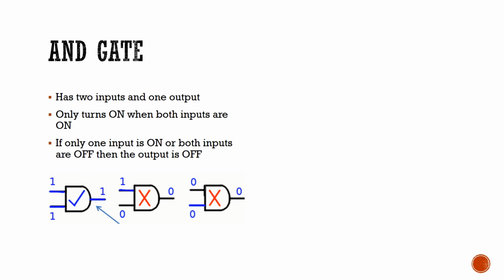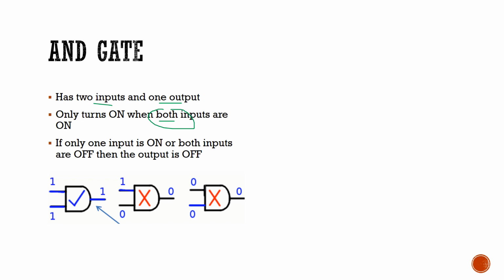Moving on, we have the AND gate, which is the final one we are going to tackle. Just as the OR gate, it has 2 inputs and 1 output, and it only turns on when both inputs are on. We should mark the word both. Both inputs should be logic high or on for the gate to be on.